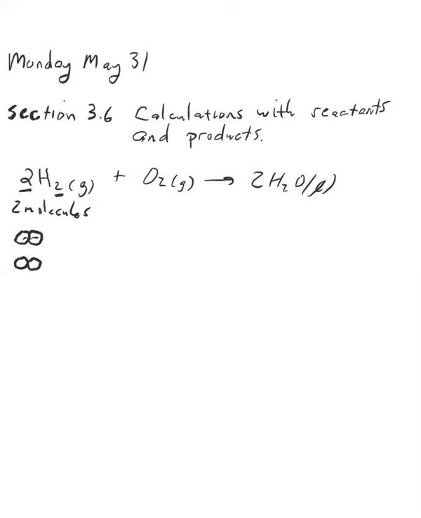The coefficient is how many of those there are. So there's 2 hydrogen molecules. And then we're going to react that with 1 molecule of O2, right? So O2, again, the subscript, the number that comes after the symbol, is how many atoms are bound together.